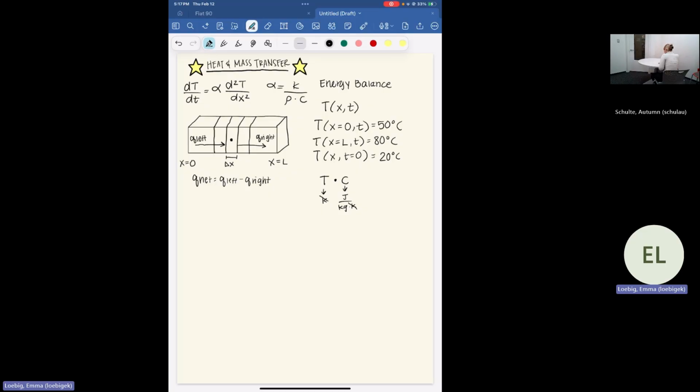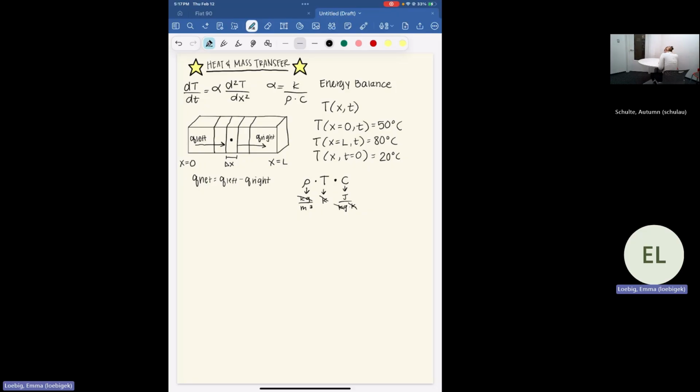Now we want to relate kilograms to spatial units, so we can start talking about joules per cubic meter or energy per volume. To do that, we're going to multiply by density. Density has units of kilogram per meter cubed. Now we are finally in units of energy per volume.